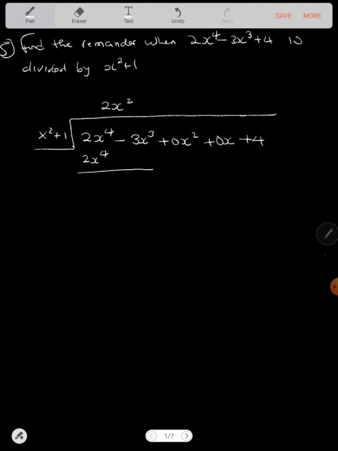Then this times this, what do you get? When you multiply this one by this one, we're going to get the same number. Now remember, this is different from this, so we can't put it here, we have to put it here. So we put 2x squared here.